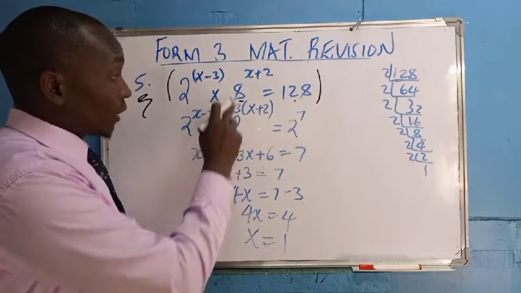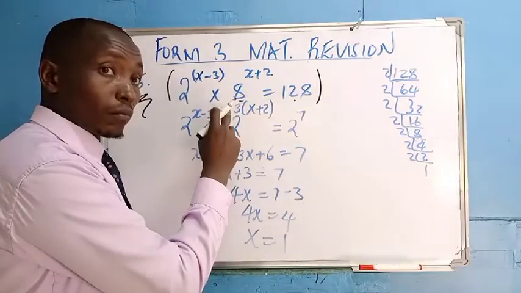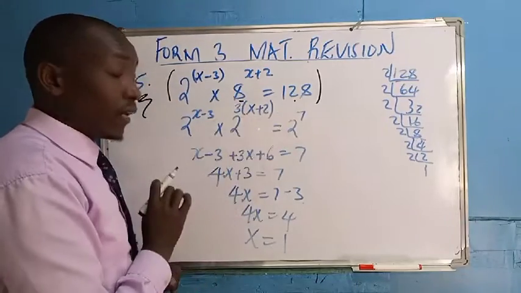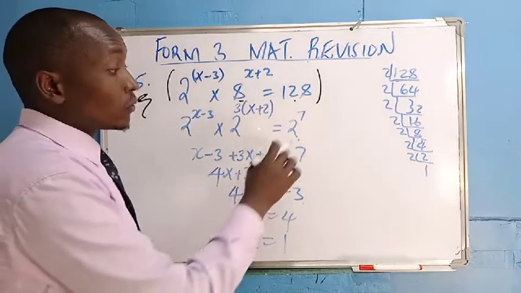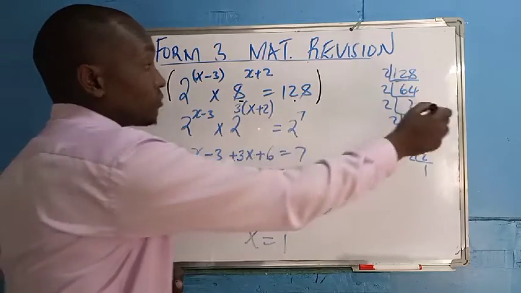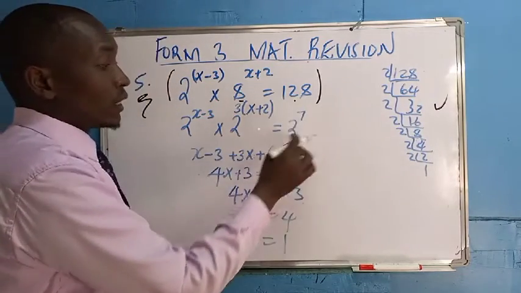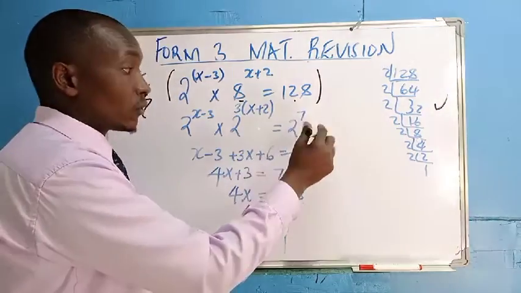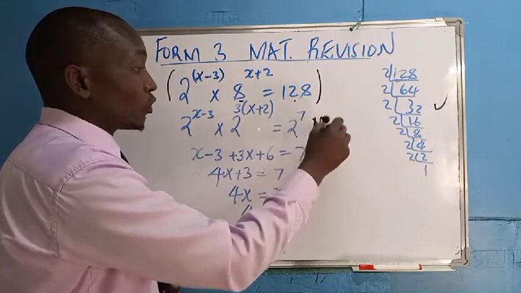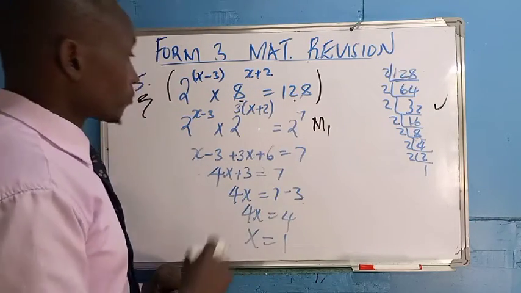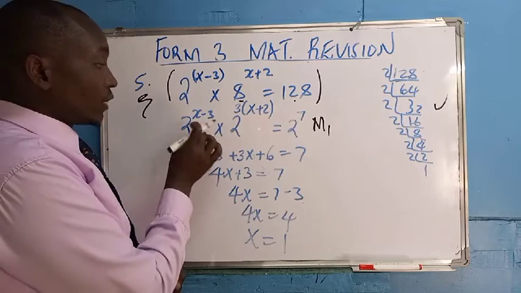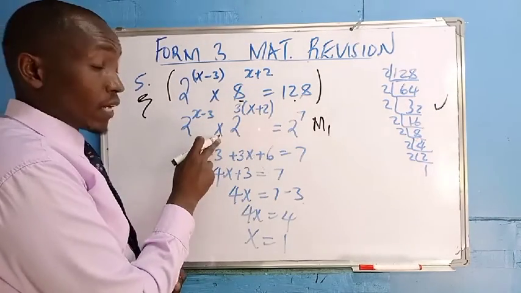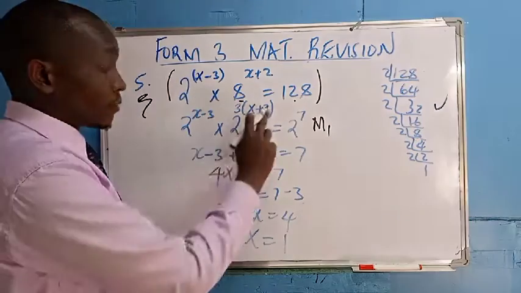So what I do with this 8, it is 2 to power 3. And originally it had x plus 2 as the power. So if I do for 128, like I've tried to do here, 128 is 2 to power 7. So if a student is able to do that, a mark. Then the student is now to use the powers. Over here we are multiplying, so we add the power.